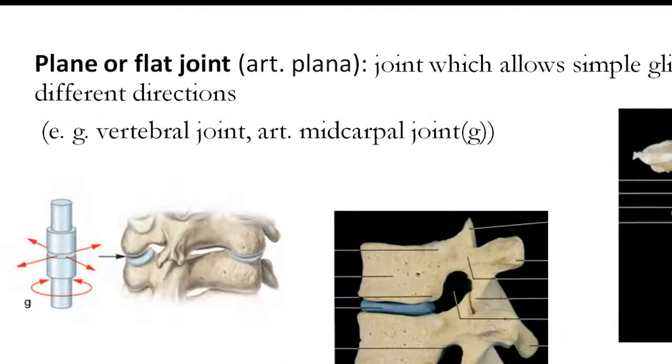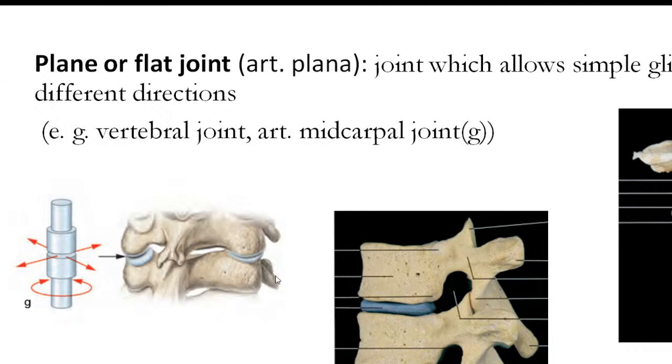Next, plane joint, articulatio plana. It is a joint which allows simple gliding movements in different directions.